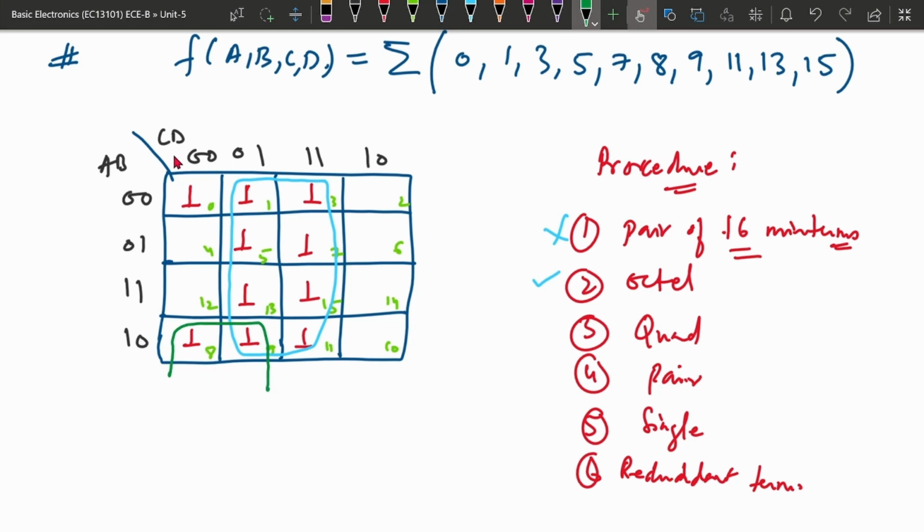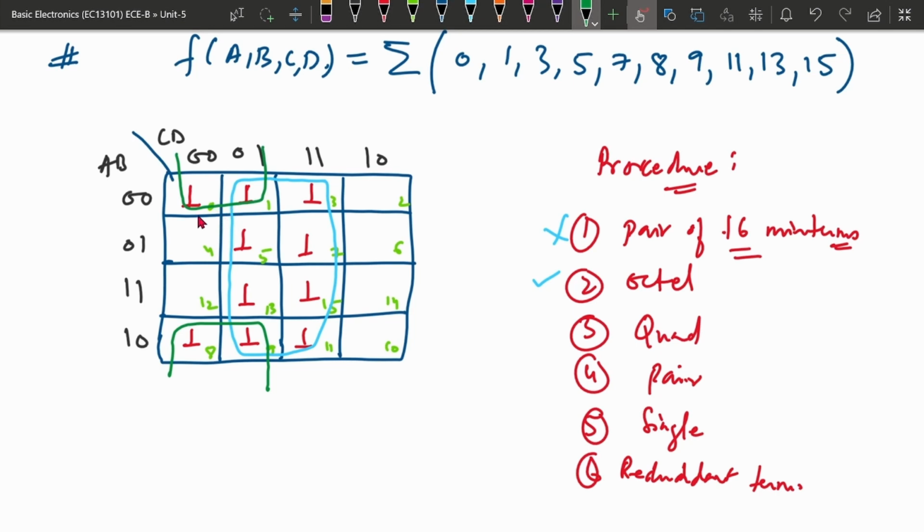By considering these two and these two, they will be considered adjacent to each other. So here this is a quad. This way we can make the quad also.